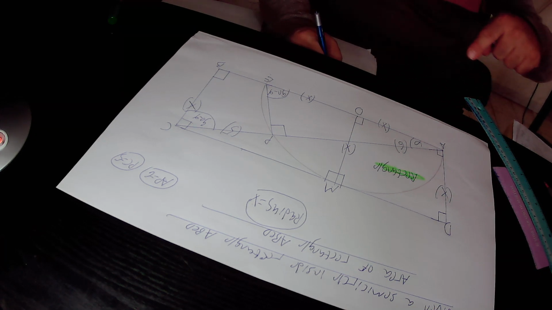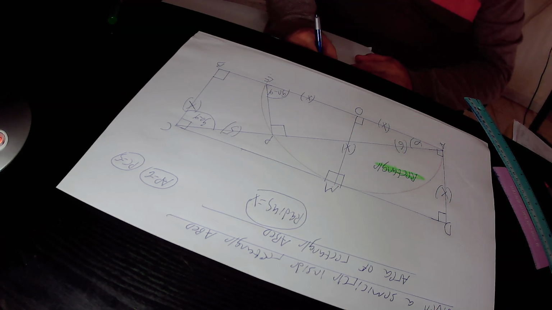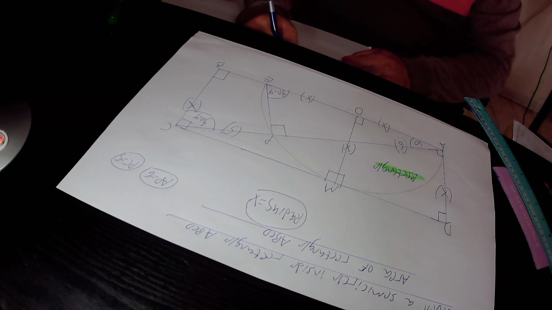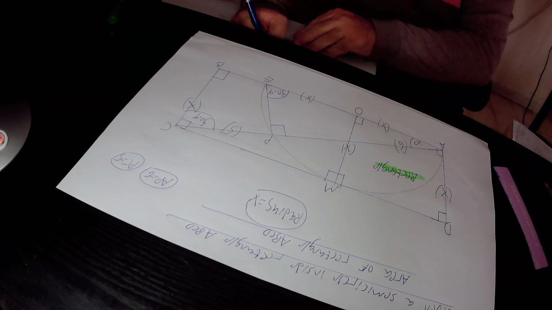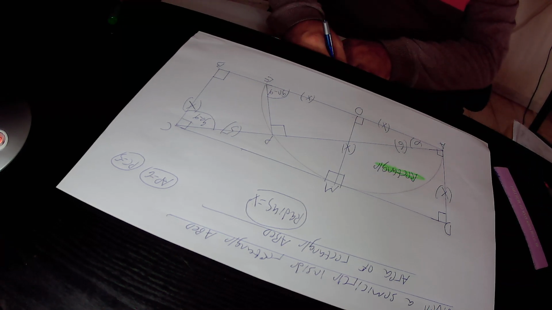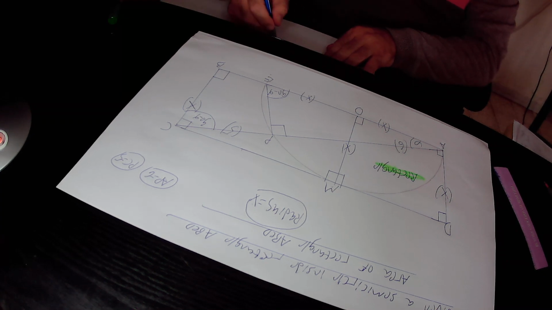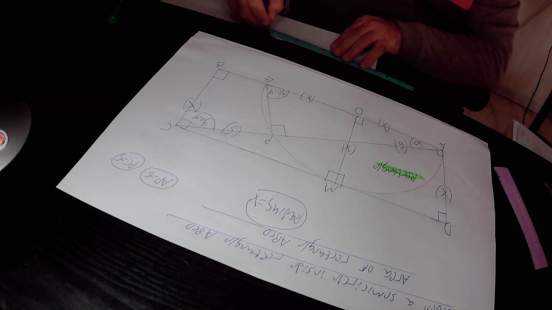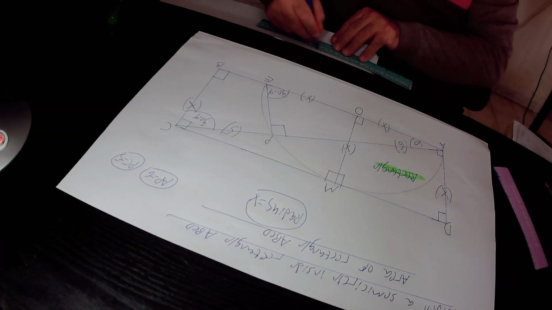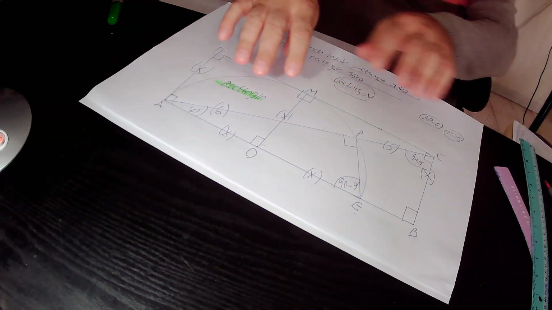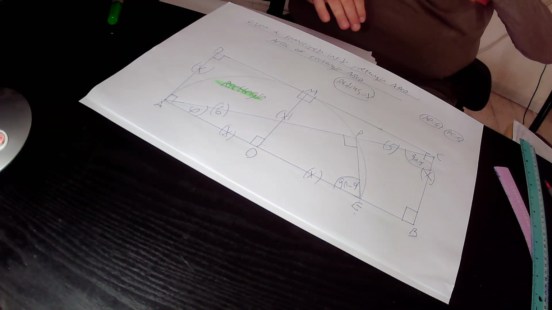Okay, again, we prove that the big right triangle ABC is similar to this small right triangle APE, two right triangles are similar to each other.